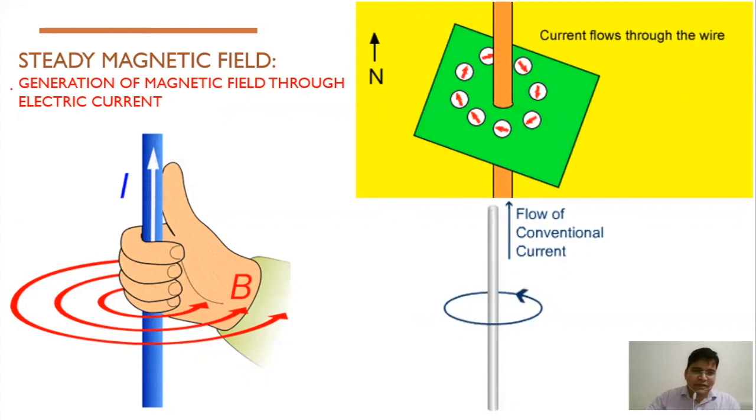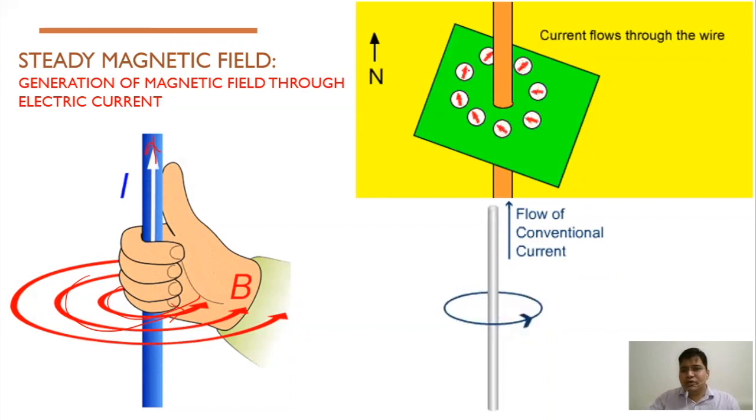We study two types of fields, the steady and the time varying. If this conductor is having a DC current, a steady magnetic field is being generated. We can estimate the direction of the magnetic field from this figure, and you can see here the orientation of the field.